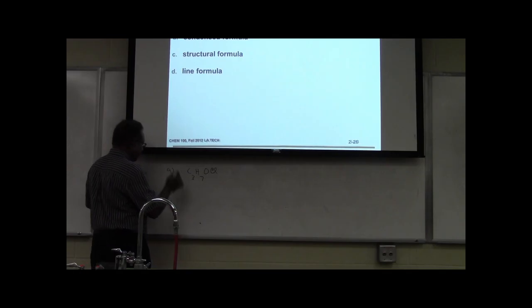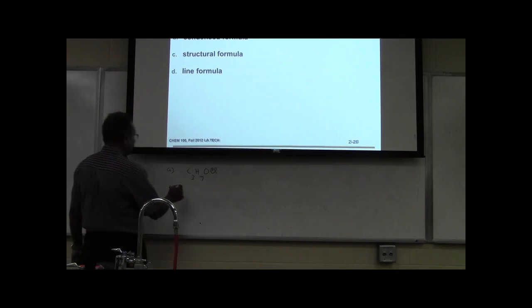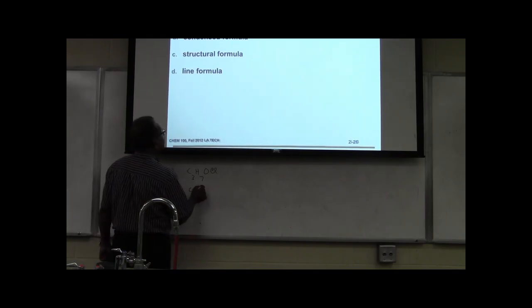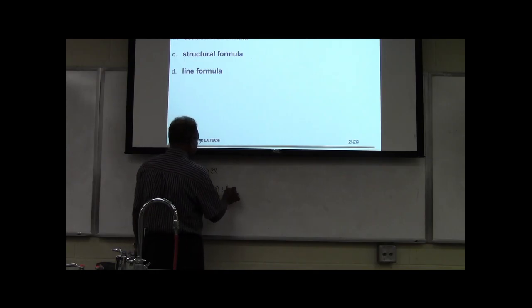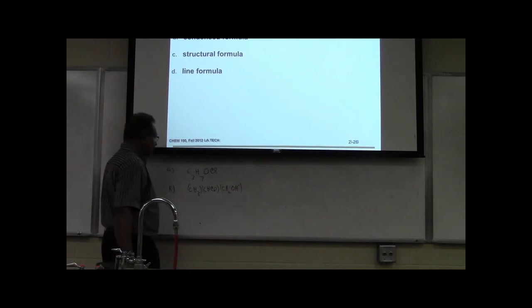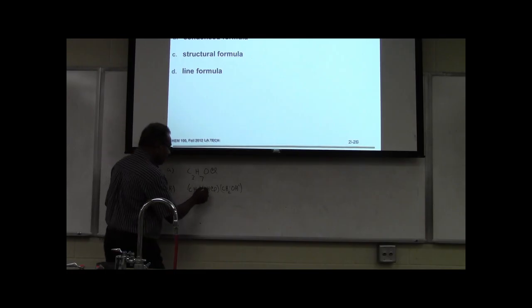Condensed formula is what is given, all right? It's CH3. Now remember, this group CH, okay, Cl, CH2, and OH. Now, why I'm saying this is that each carbon atom should have 3 groups. This has 3 hydrogens.